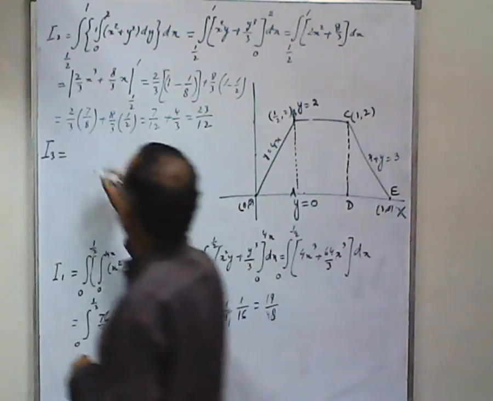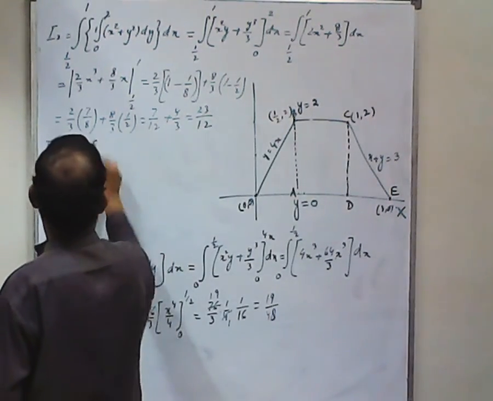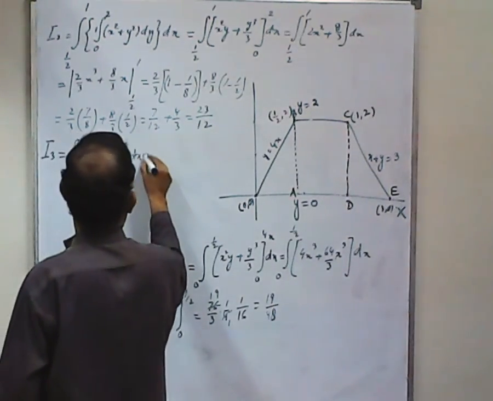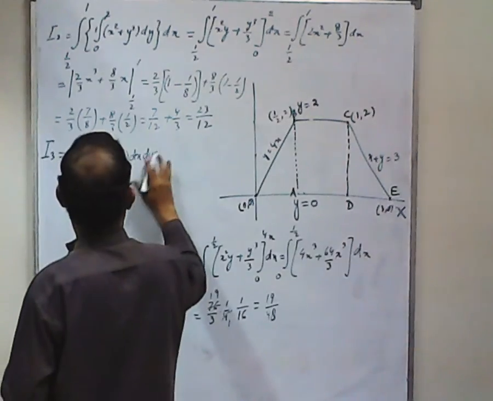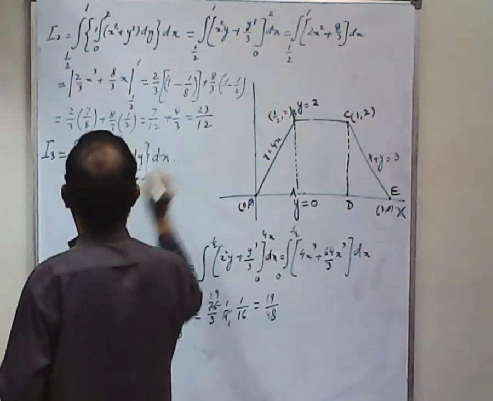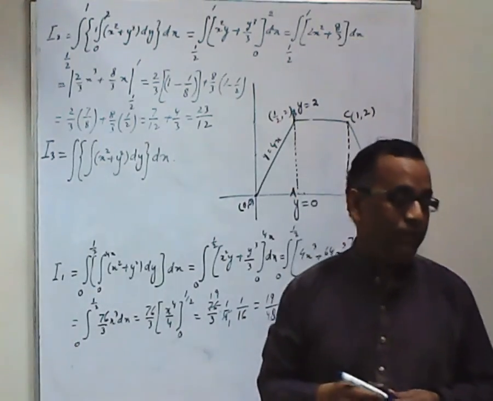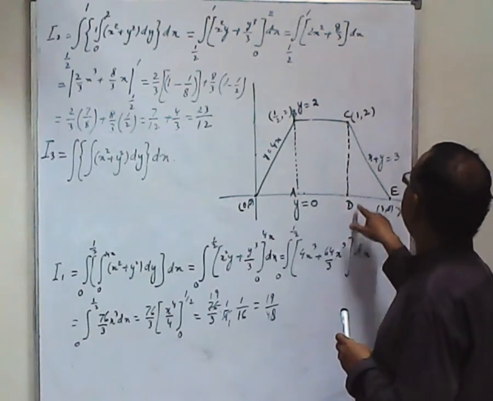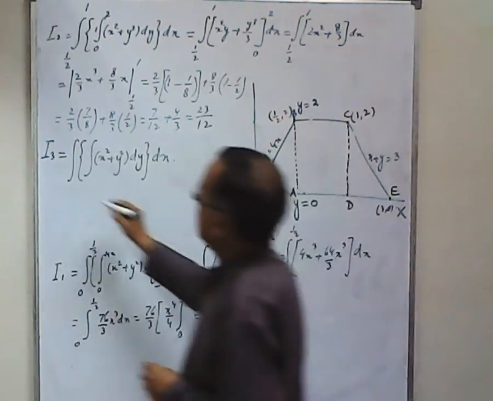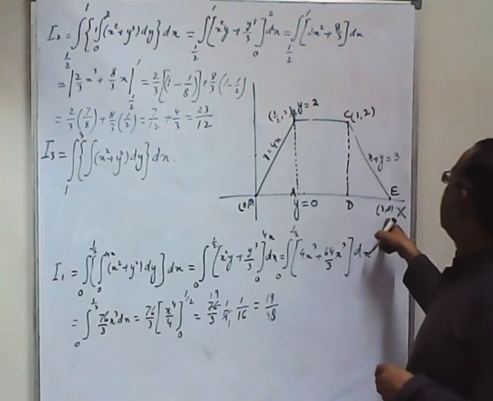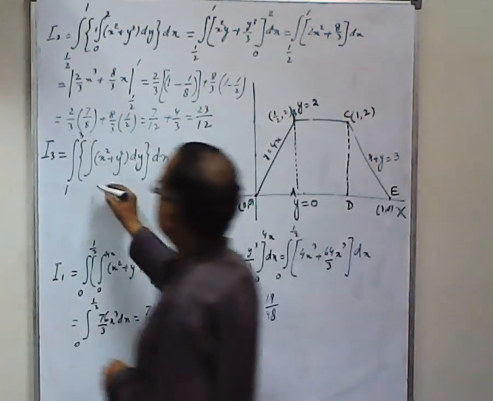So for I3 we have the integral of x square plus y square dx dy, dy and then dx. And now what will be the limits of I3? The limits of x will be from 1 to 3, and the limits of y will be from 0 to 3 minus x.